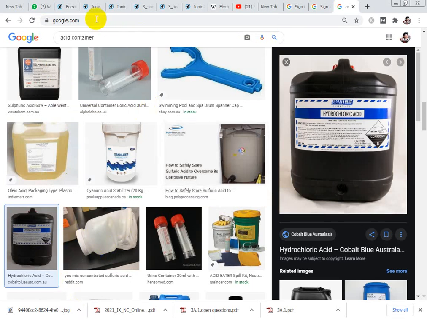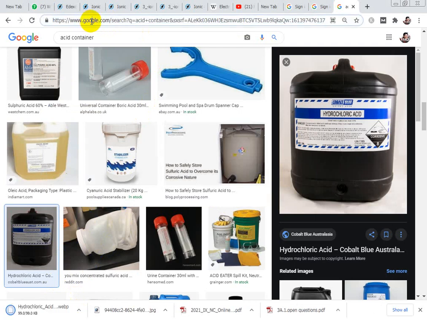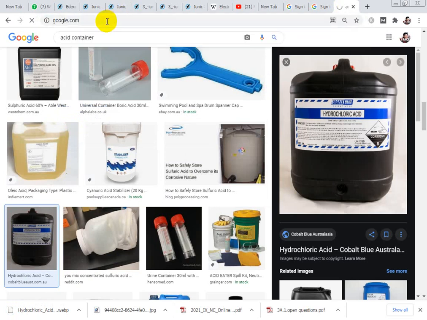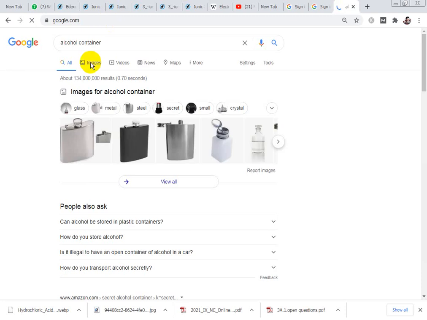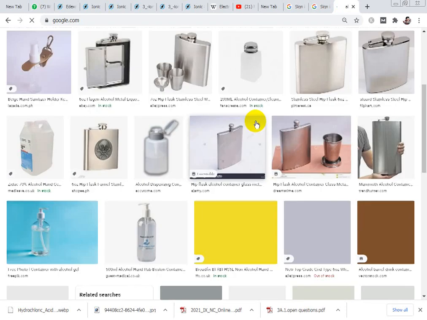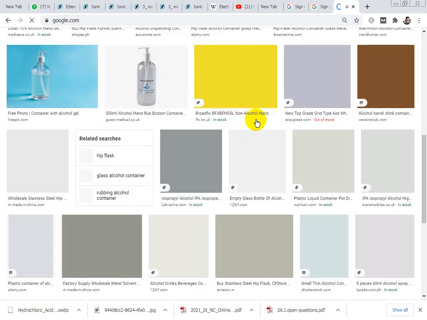Okay, I need to show this container. Alcohol, I should take another chemical, alcohol container. Today's class will be long, no problem.